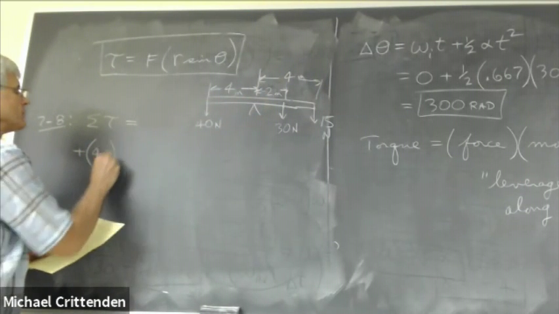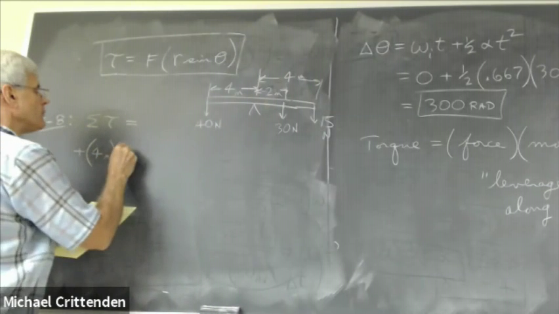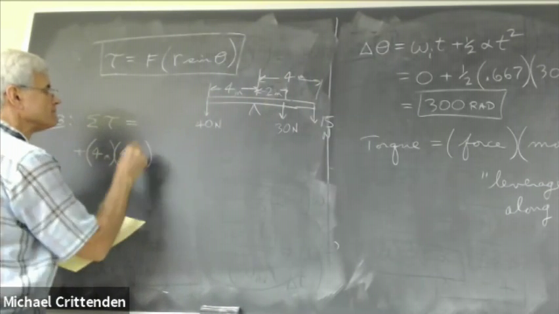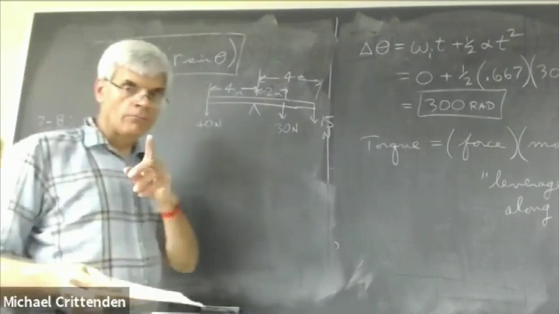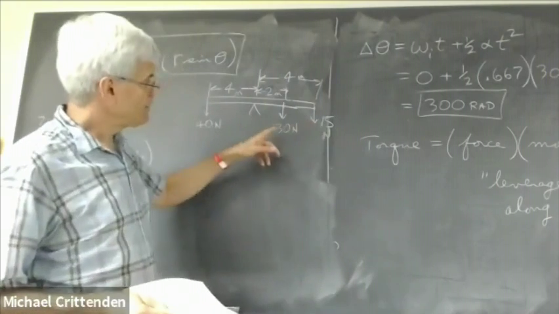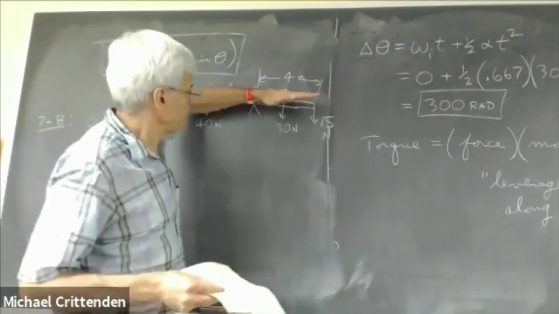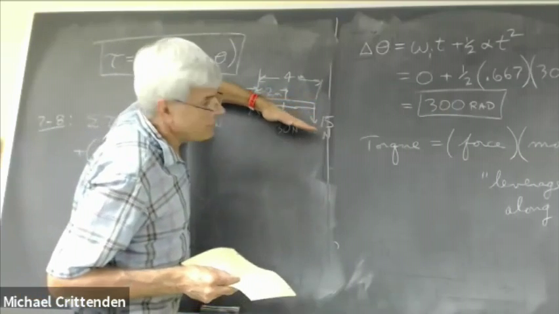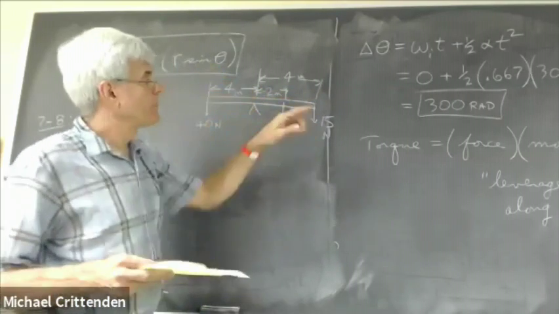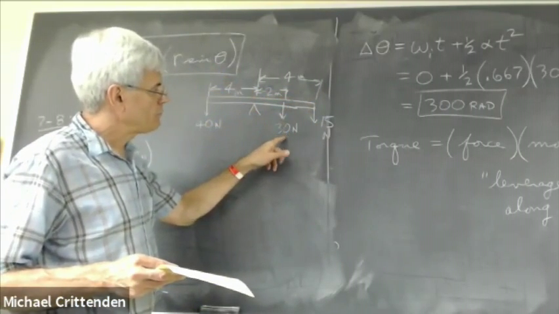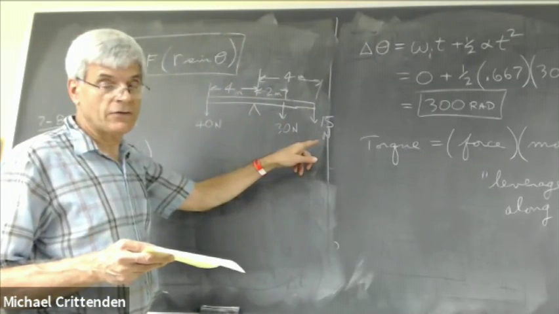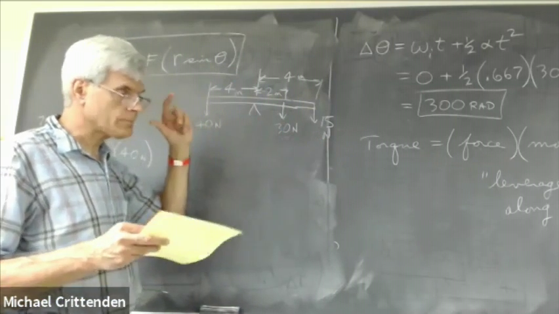Both of the others, if either one of these were the only forces present, they would make the seesaw turn the other way. That's clockwise. So both of these get minus signs, okay?